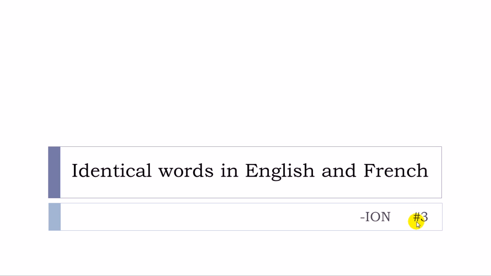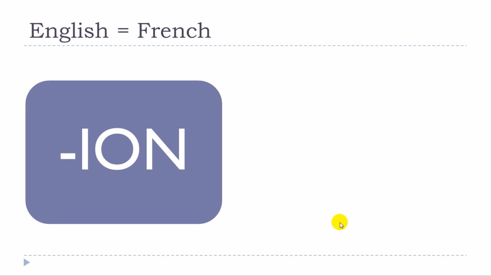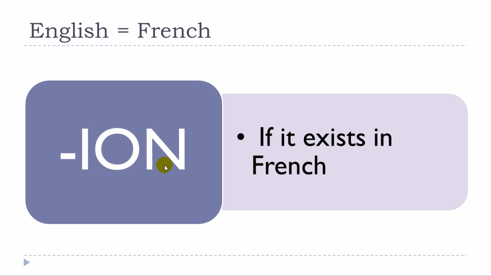Cohabitation. This is the series of videos that we started earlier, and the topic is identical words in English and in French, and in this case we'll cover the words that end with -ION. So the first rule you've got to keep in mind is that if it exists in French, it will be the same, okay, but it's not the case all the time.